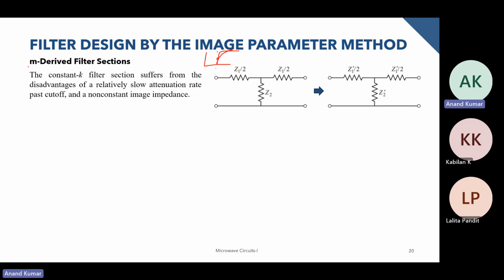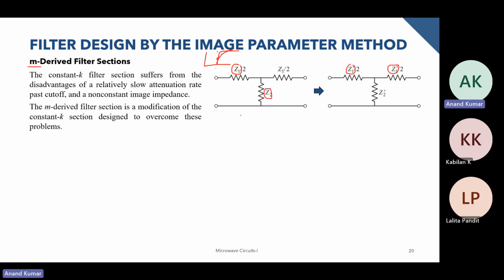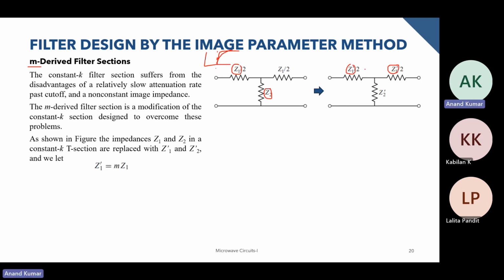So for this, we use an M-derived filter section, and the derivation of the M-derived filter section is fairly straightforward. What we do is we replace Z1 and Z2 with Z1 dash and Z2 dash, and then we try to evaluate. For this Z1 dash, we write it in terms of MZ1.